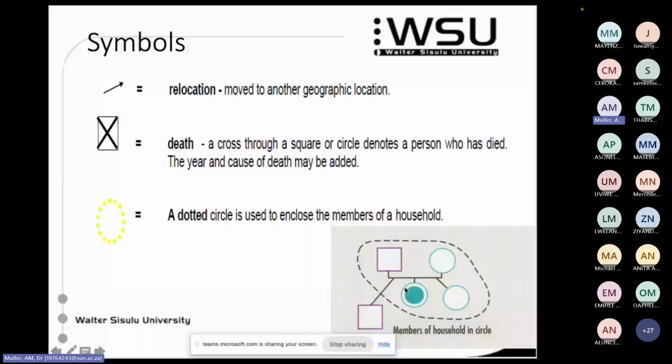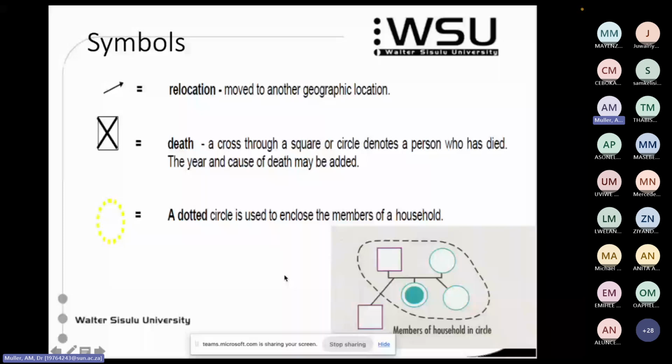You can see this is 2 circles, and that's how you show who the patient is. This is actually the patient that's sitting in front of you, so they've got an extra circle around them. And then the third person is another daughter. You can see the oldest son has left the home, and they've still got 2 girls living at home. So in the household living together, that is that dotted line. And you need to always make sure you've shown that in your genogram.